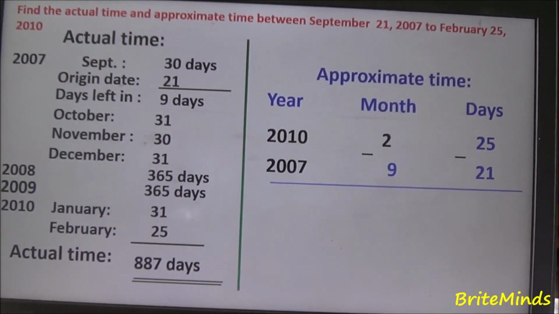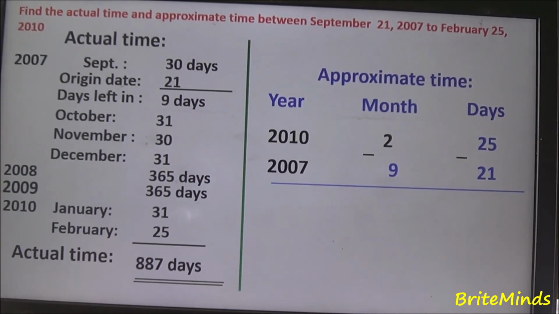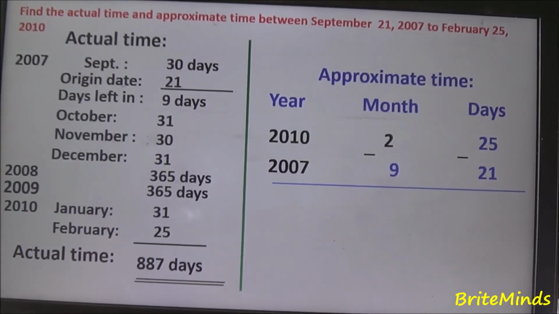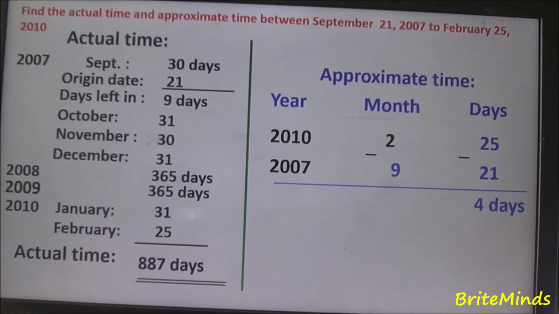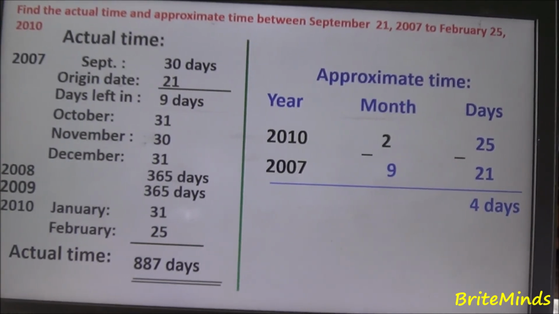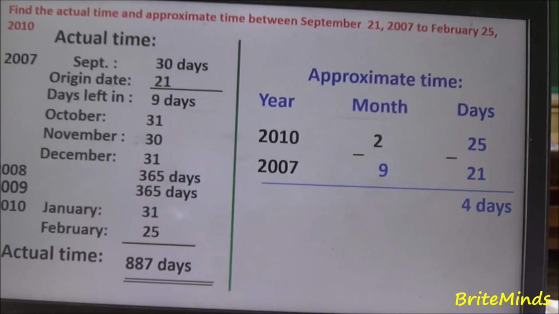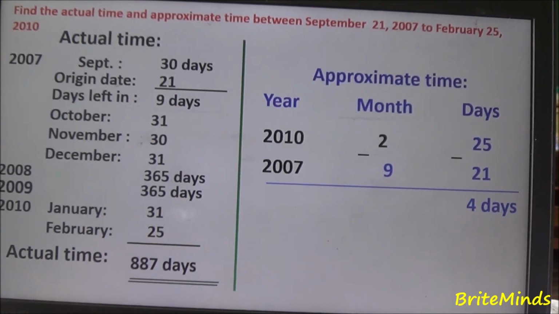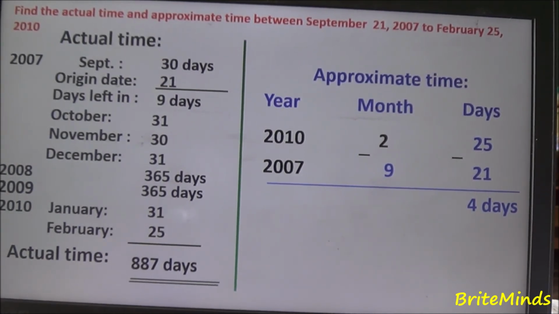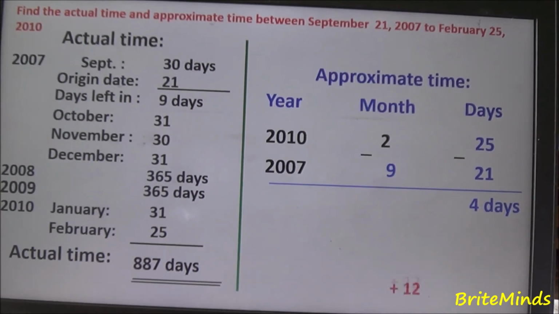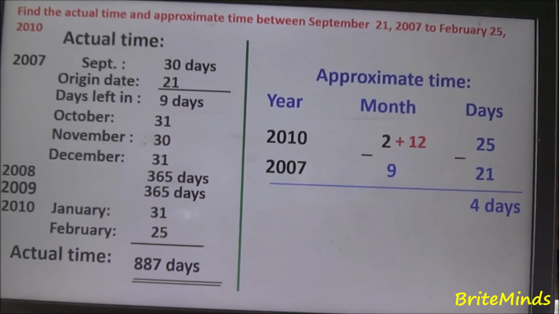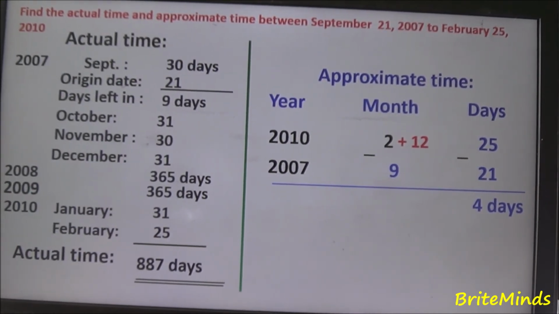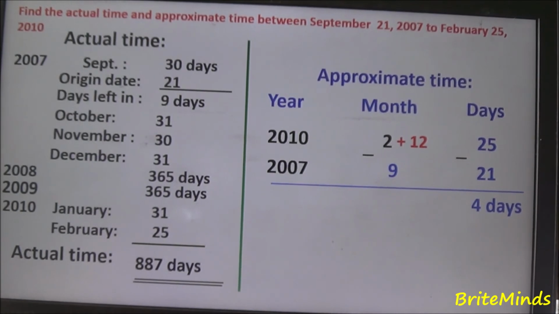So we start with the days first. 25 minus 21, so we have 4 days. And then we proceed to the month. Since we cannot deduct 9 from 2, we need to borrow 12 months from year 2010 and add to the month. So 2 plus 12 will be 14 months. Now we can deduct the 9 months.